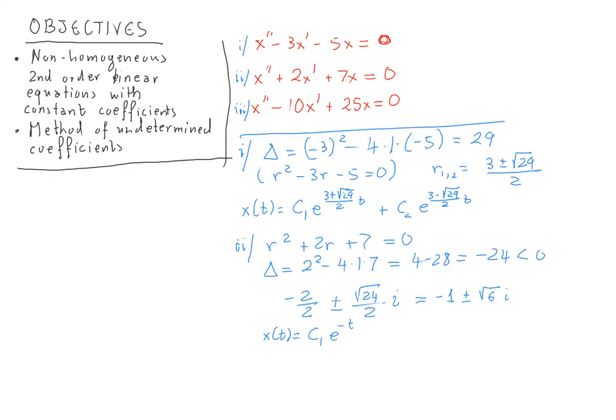Where do I get e to the negative t? By looking at negative 1, right? And cosine of square root of 6 times t plus c2 e to the negative t sine of square root of 6 times t. Questions, please.